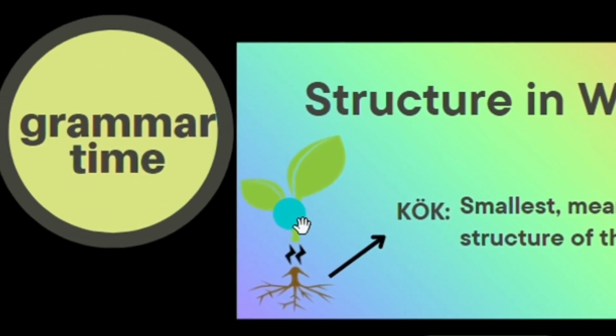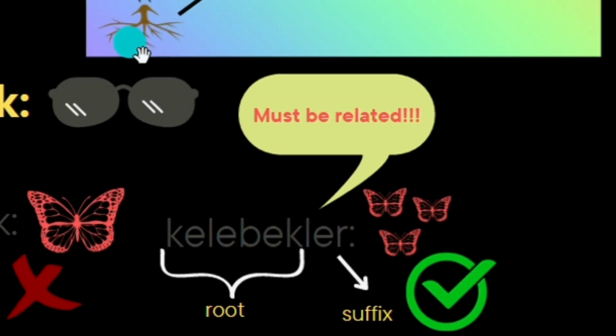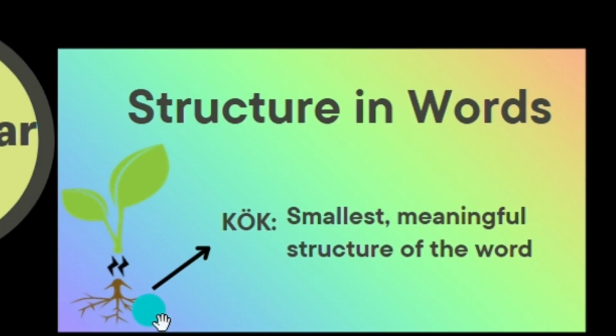So, what is that? This is a plant, right? And what is this? This is kök. This is root of a plant. And also we use kök word as a smallest and meaningful structure of the word.